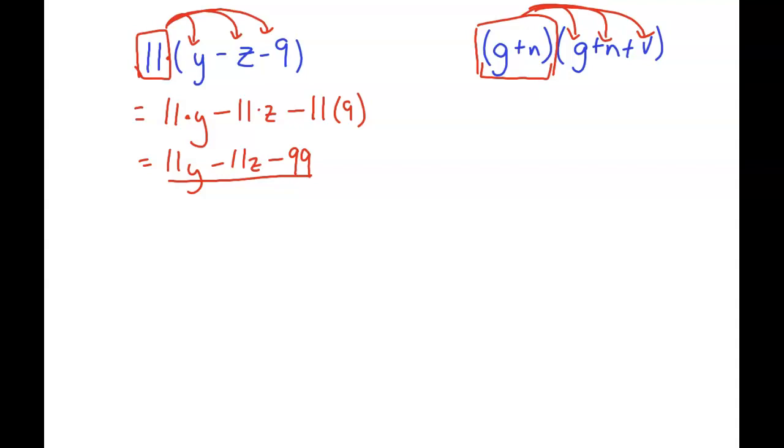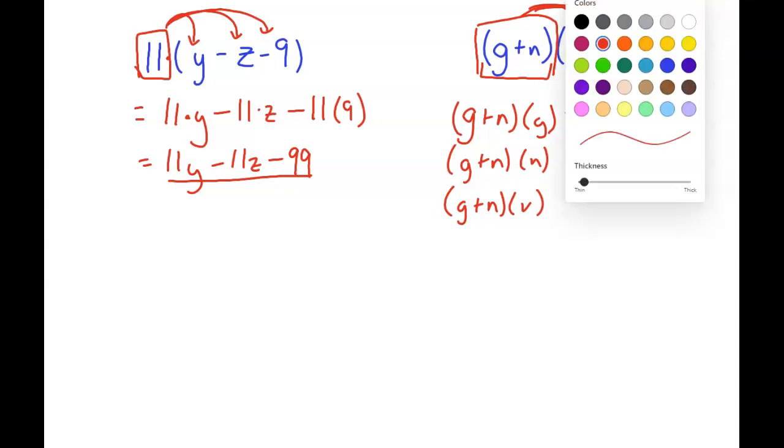So we can look at it as (g plus n) times g, and (g plus n) times n, and (g plus n) times v. And I'm doing this down because I'm kind of running out of room, is basically what's happening.